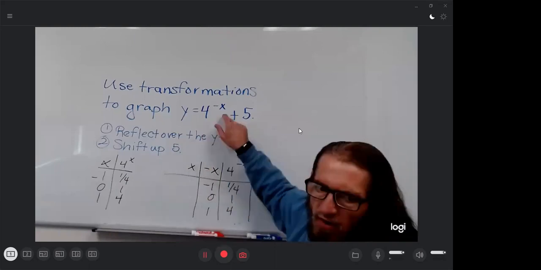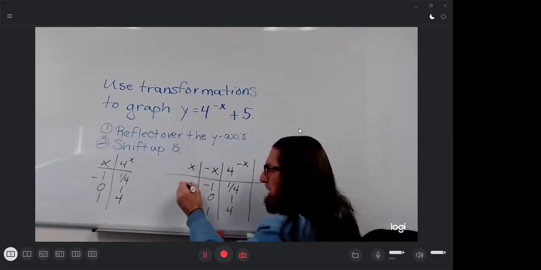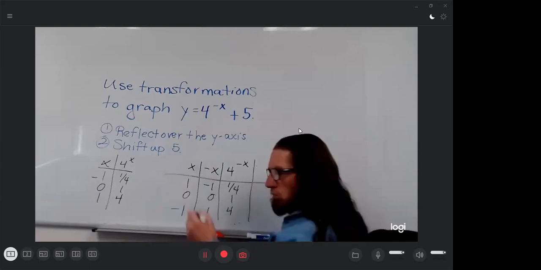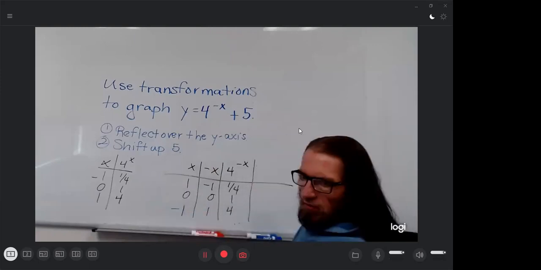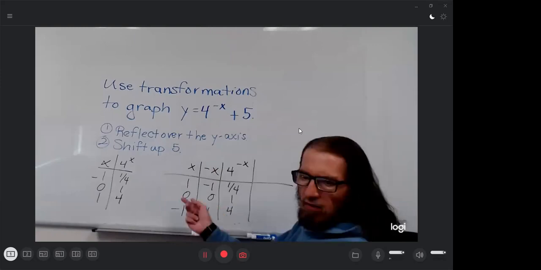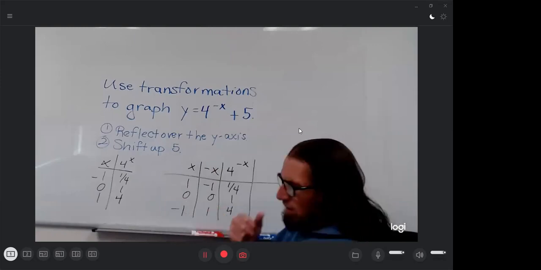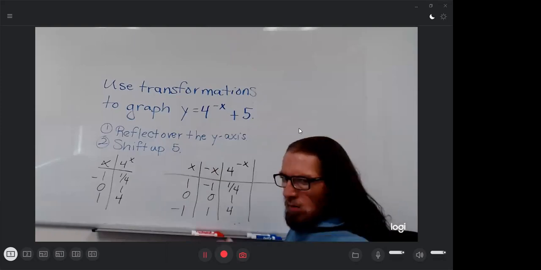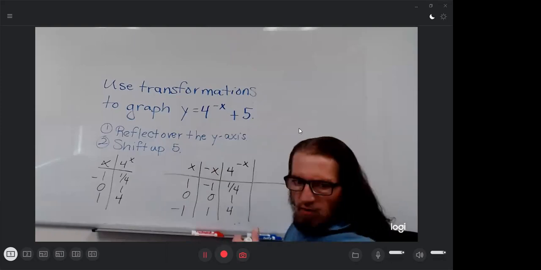That negative x is telling us what we have to plug in for x itself would be these values. Just change each of their signs, and the result of that is going to be a reflection over the y-axis. But we do have the vertical shift going up 5 units.